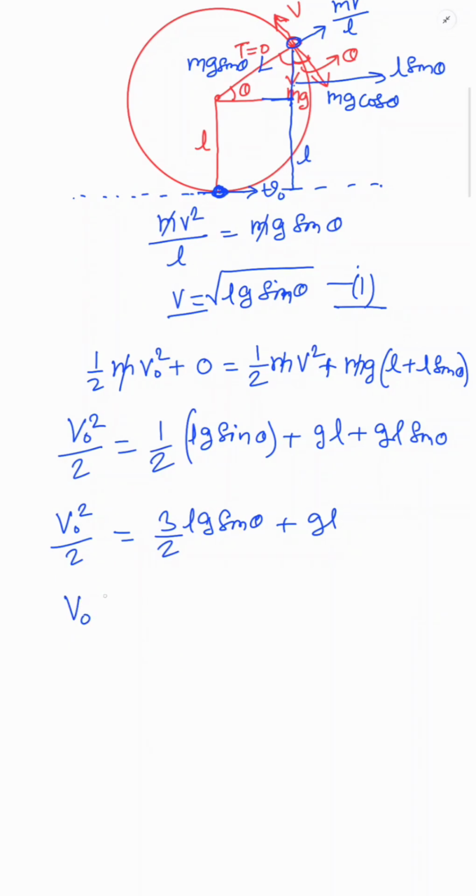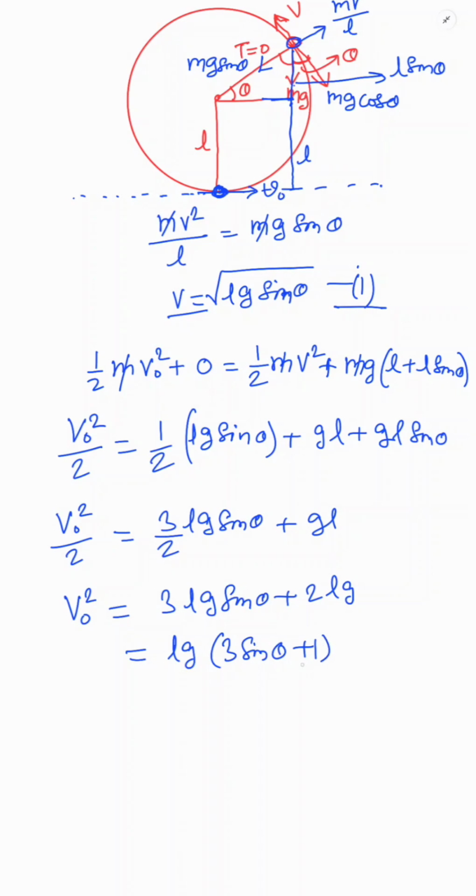Solving it, v0 square will be 3 Lg sin theta plus 2 Lg, which is Lg times 3 sin theta plus 2. So here we got the value of v0. That is our equation number 2.